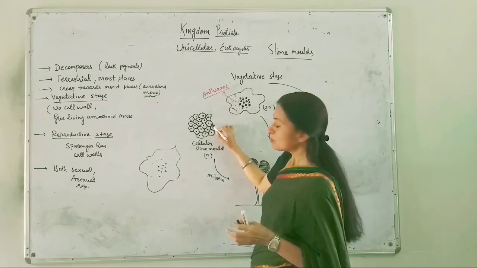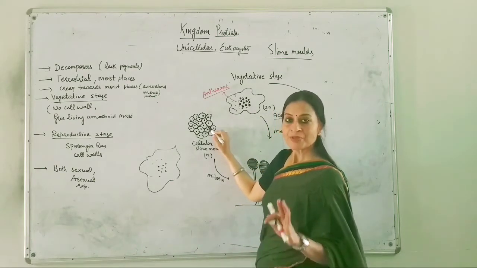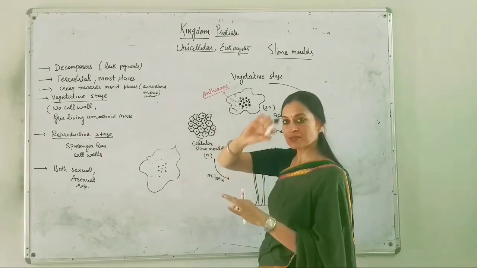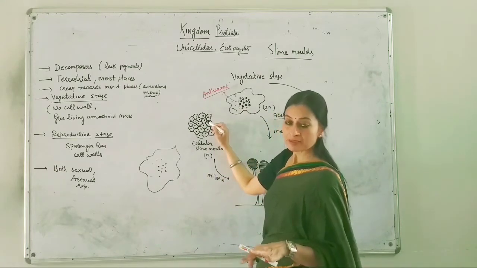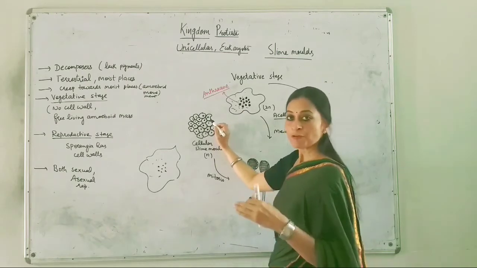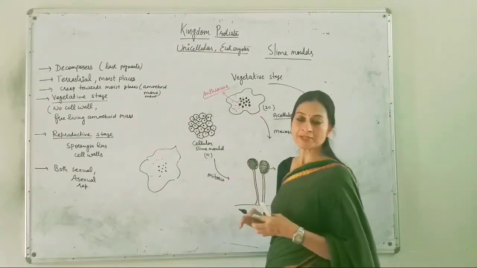But what is different between this structure and this structure? Here it is a multinucleated mass, and there it is an aggregate of cells. The shape is the same, meaning both are irregular shaped structures, but this is the cellular form or aggregate of cells, while here it is a multinucleated case.